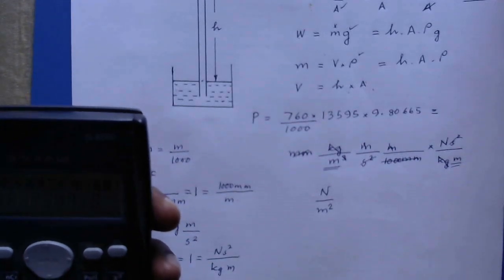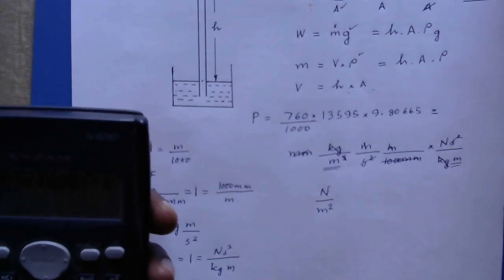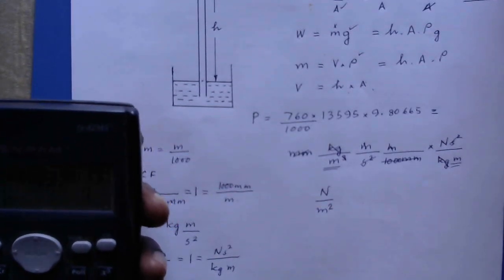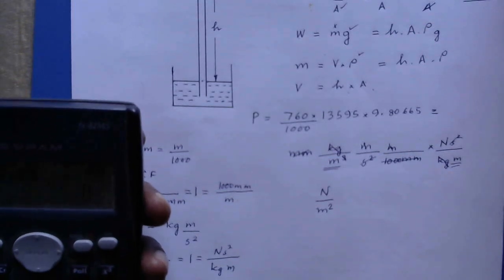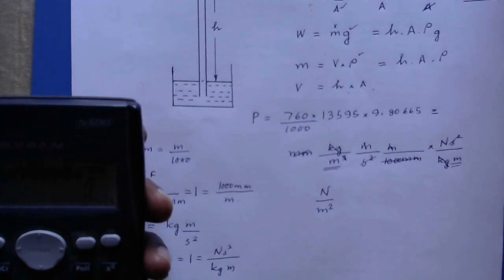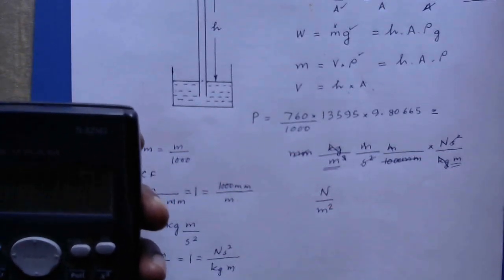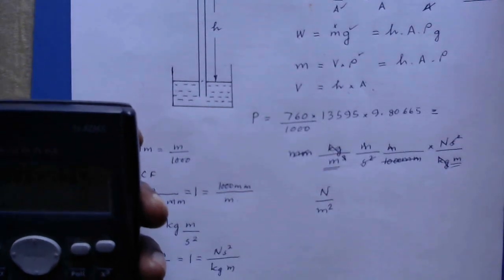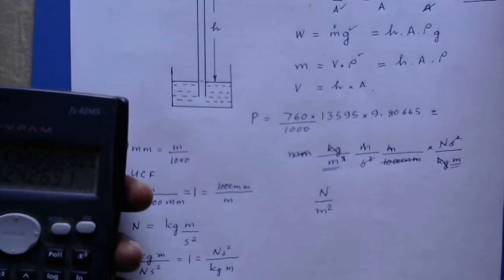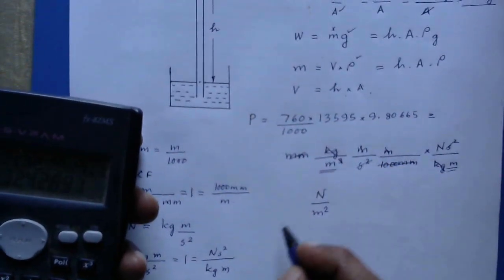So 760, I will write 0.76 multiplied by 13595 multiplied by 9.8066. It gives you the value as, so I will write it here.